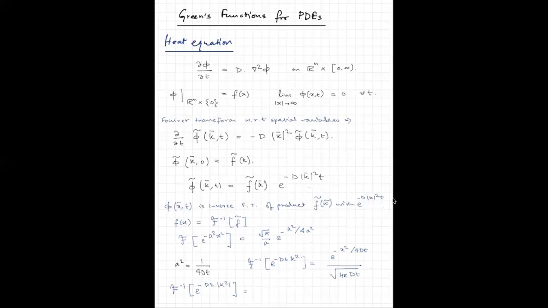That gives you 1 over 4 pi dt, the whole to the n over 2, into the exponential of minus mod of x squared by 4dt. So we are going to call this S_n. This is in n dimensions.